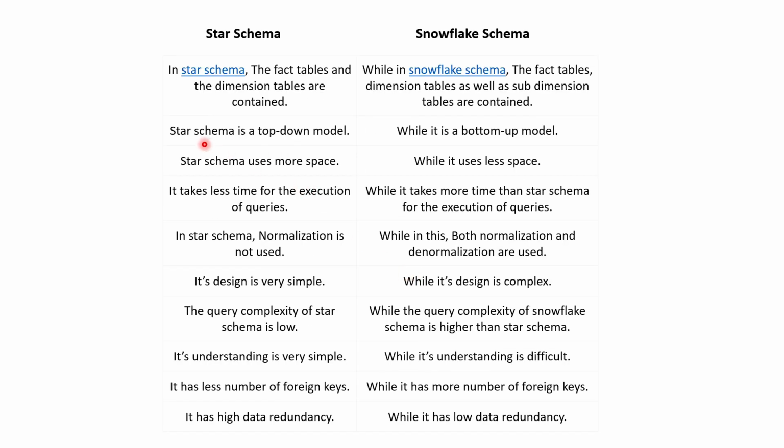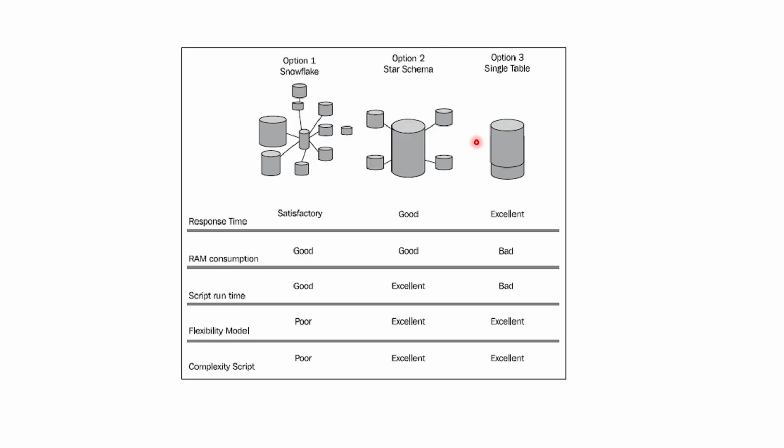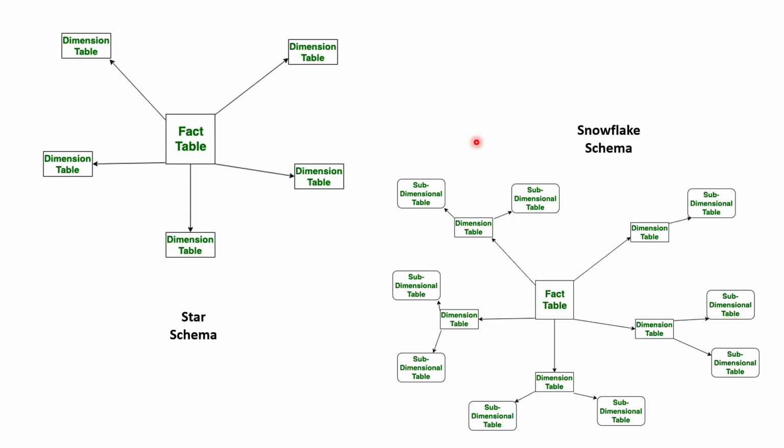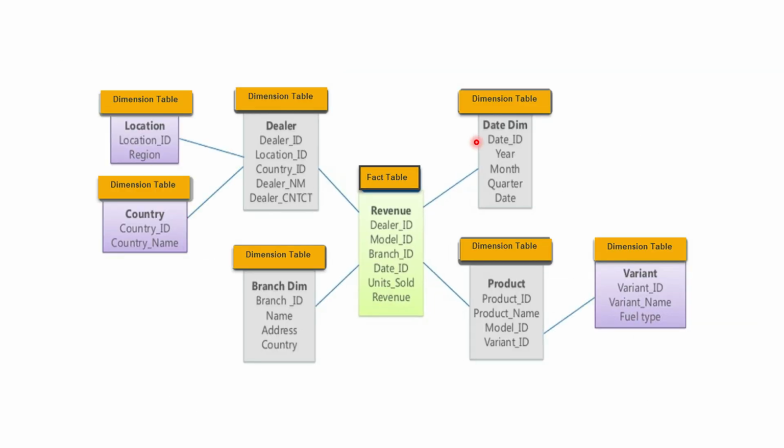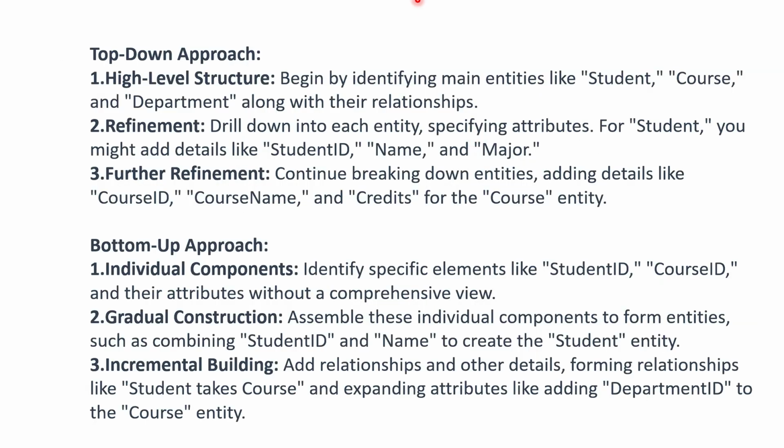Now, Star schema is a top-down model, while Snowflake schema is a bottom-up model. What do you mean by that? A top-down approach is where you start by identifying main entities like student, course and department. You start from the top, that is a large level of understanding or large level design.